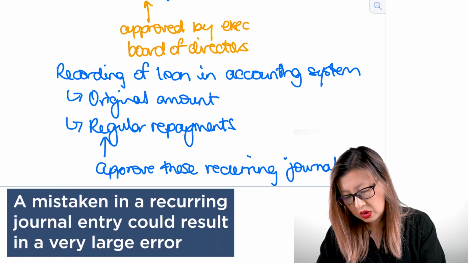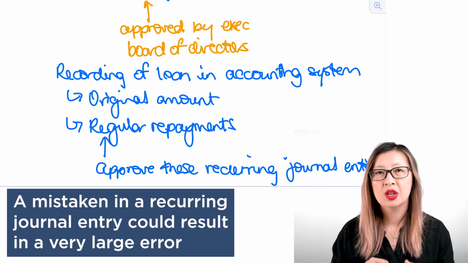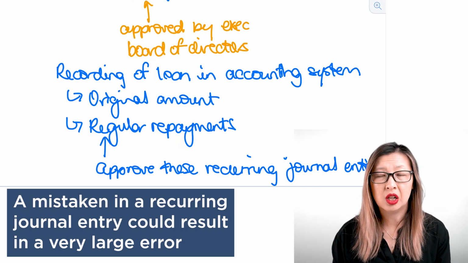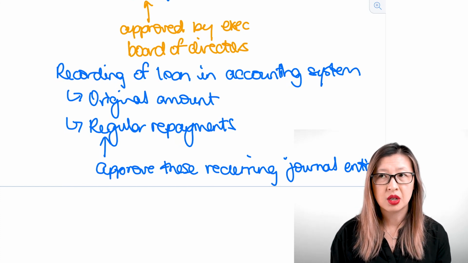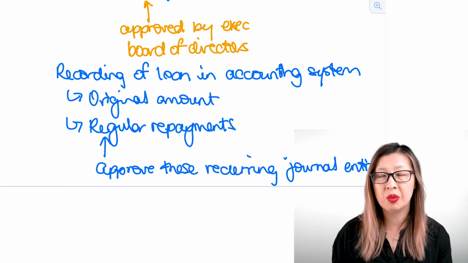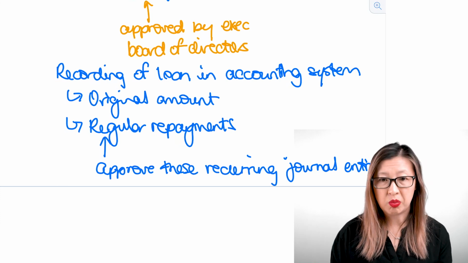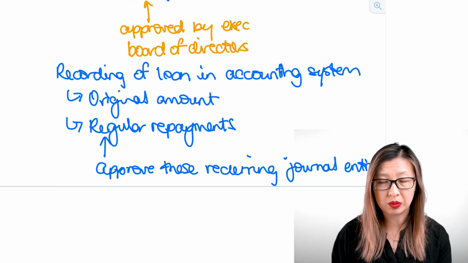In most systems, if you've got a regular bank account, regular repayments, you'd expect to see that a lot of this would be automated as part of the process. So it might be that the bank statement is automatically linked into your system, and when those bank statement transactions come in, then you automatically post those journal entries as well.